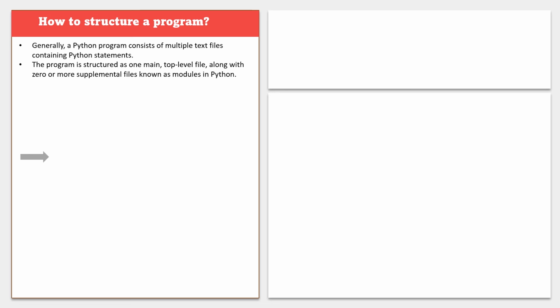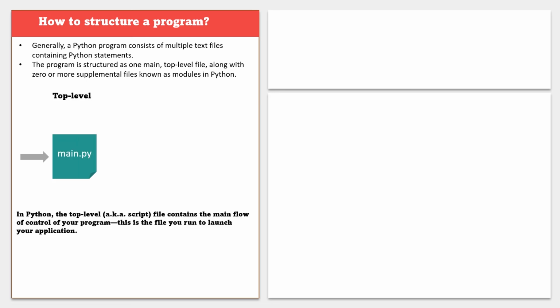In Python, the top level file, also known as the script file, contains the main flow of control of your program. This is the file you run to launch your application.